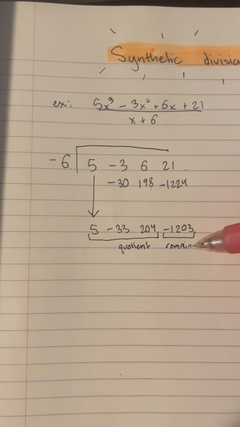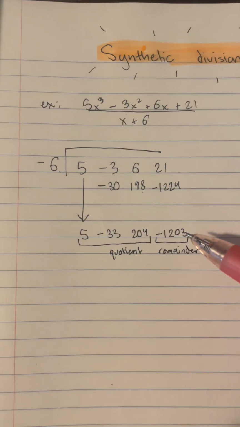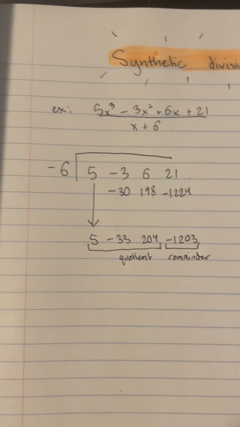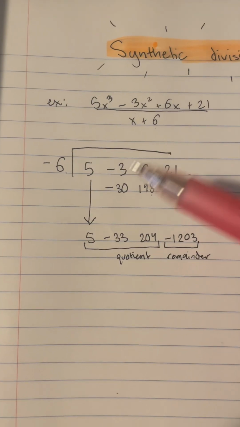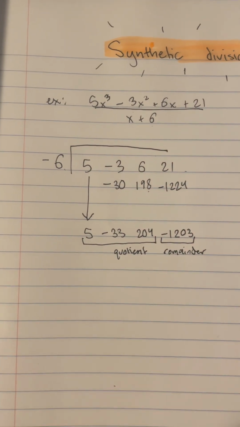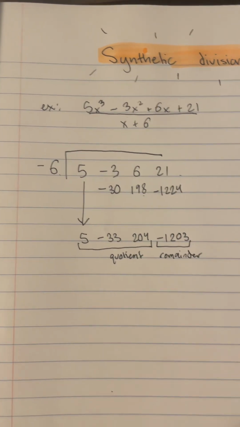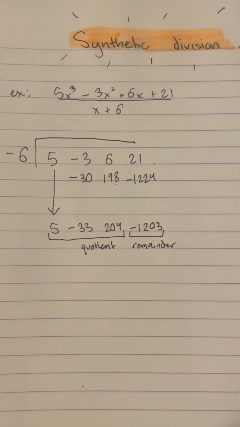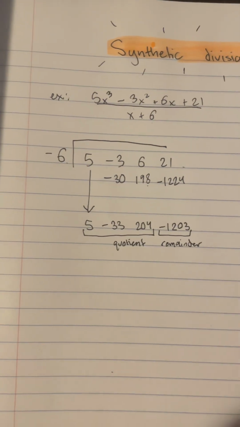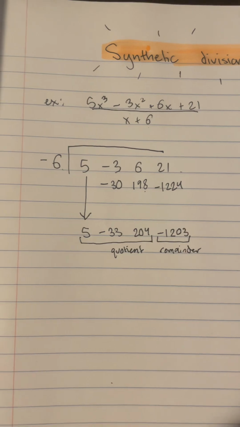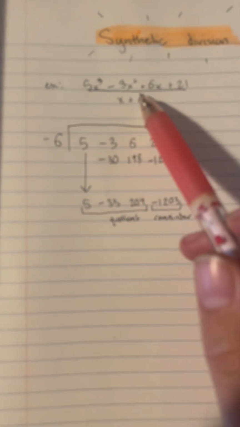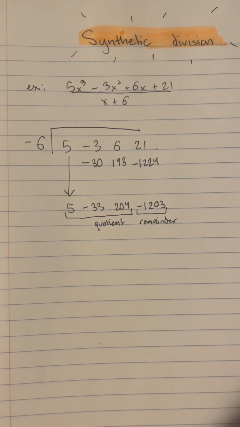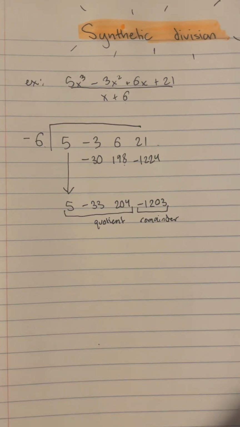So if your last term was 0, it means you have a remainder of 0, which means this denominator would perfectly divide this numerator, or it would be a factor of your original polynomial. But here that's not the case. We have minus 1,203. So we know that x plus 6 is not a factor of all of this up here. So how are we going to write down our answer now?